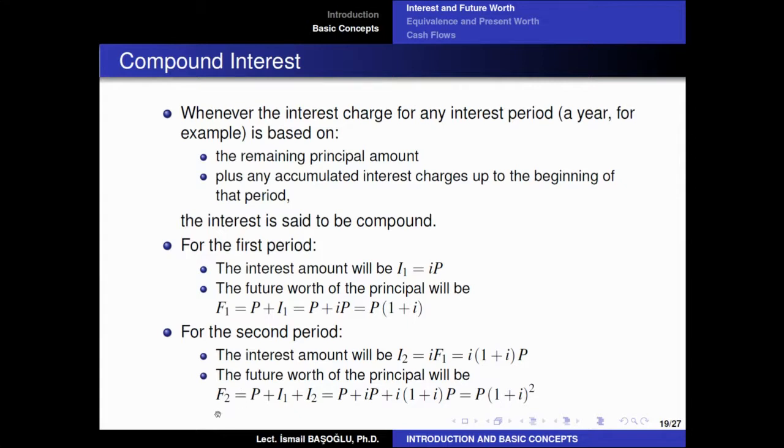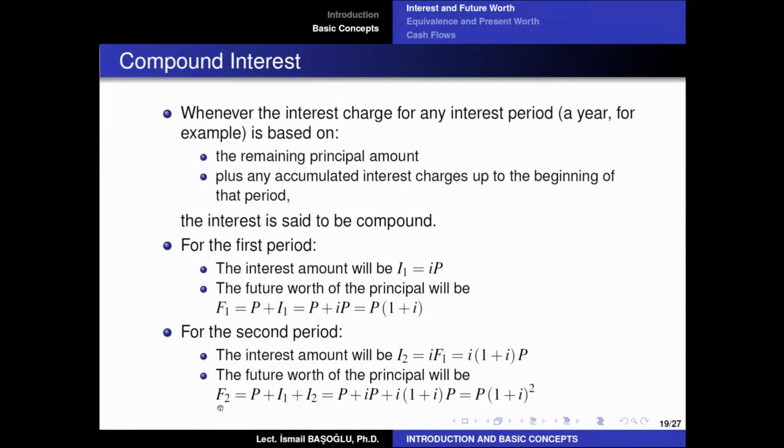And in the end of the second year, your total debt is just going to be the principal amount plus the first year's interest plus the second year's interest. Now, this is the principal amount. The first year's interest was IP, and the second year's interest was calculated as I times (1 + I) times P. Now, after some simple algebra here, you can easily determine that this is going to be equal to P times (1 + I) to the power 2.